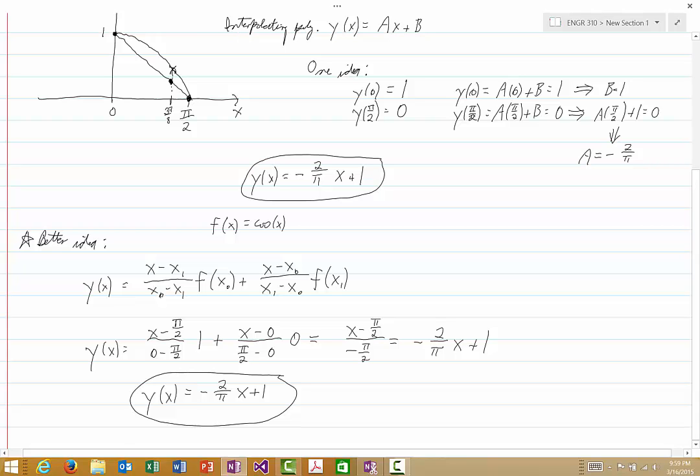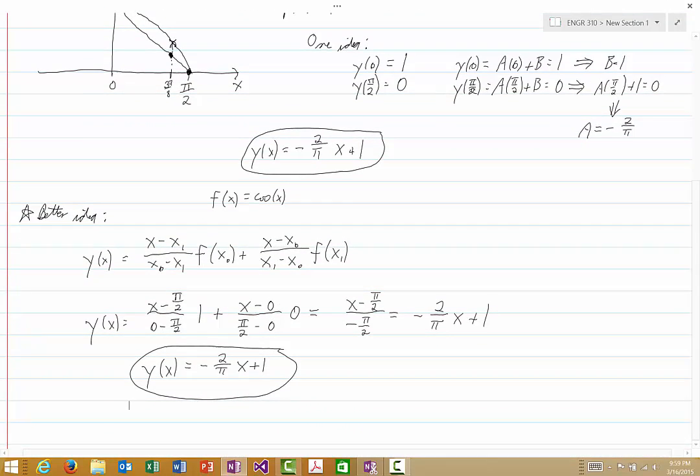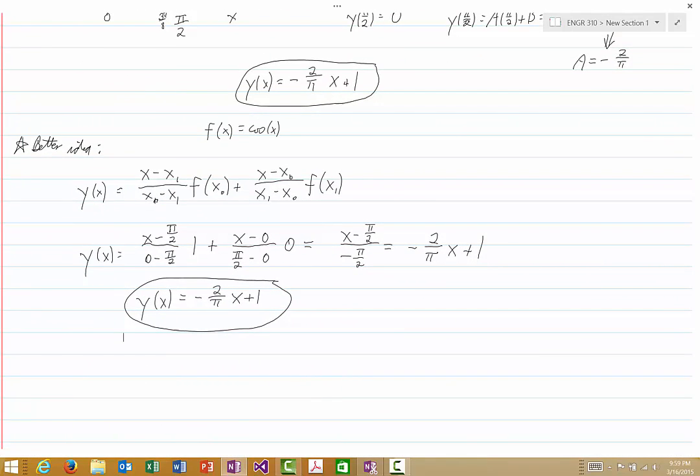But if our goal is, as it is in this case, to find that interpolatory function and then to evaluate it at a certain point, well, this is a valid expression for the function, and it's also easy for us then to pick this other x, which will be 3 pi over 8, and see what our interpolated value is for that x.